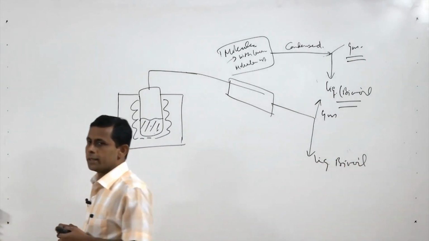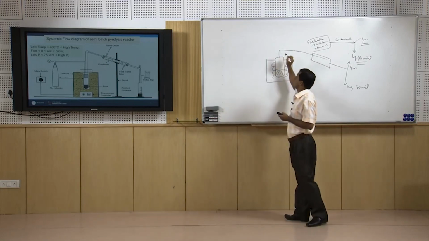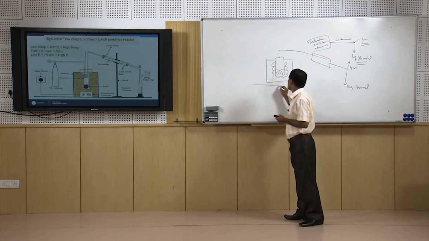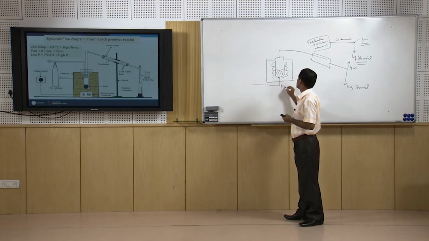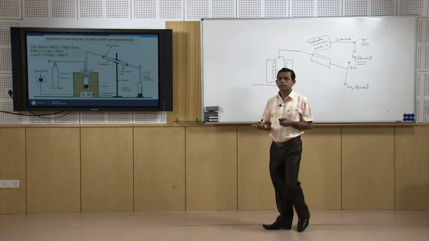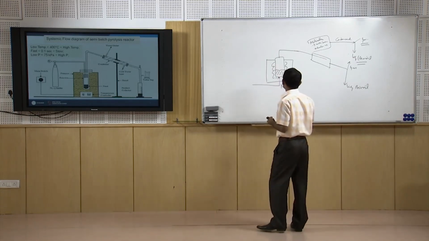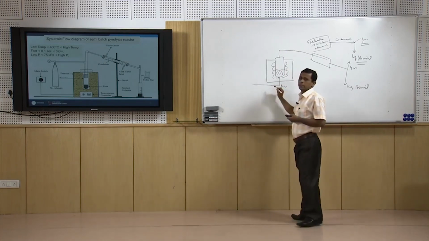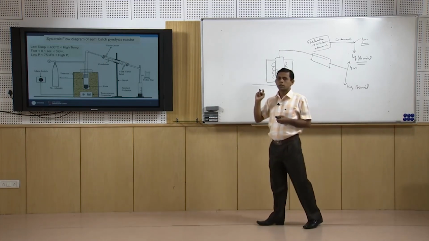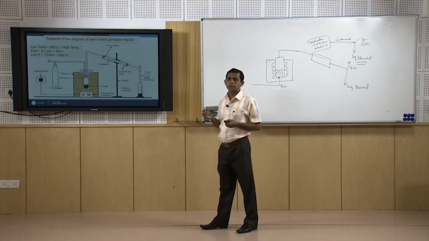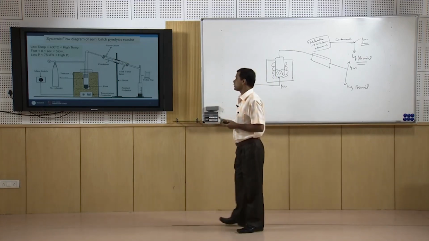One interesting thing is how the gases will go. We need to provide some carrier gas, that is basically inert nitrogen. A carrier gas is not necessary in the case of the other two thermal processes, that is incineration or combustion and gasification.